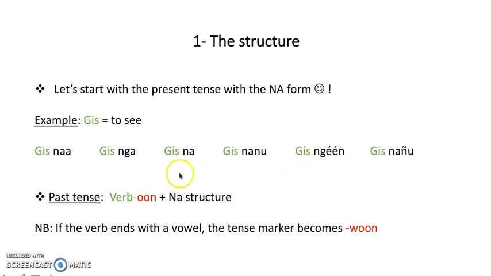So I wanted to start from that with the now form in the present tense. Gisna, gisnga, gisna, gisnanu, gisngeen, gisnanyu.